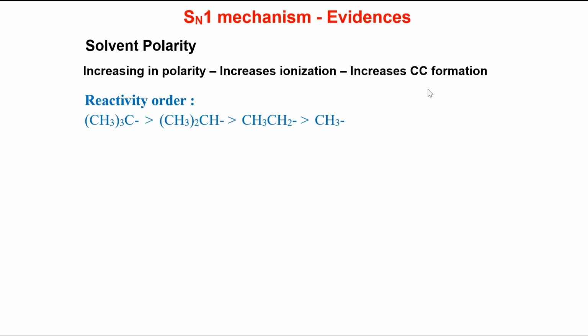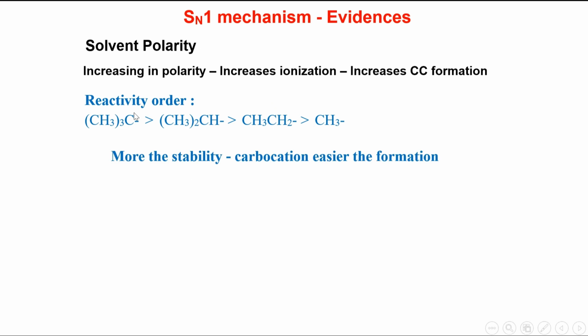Another evidence given in support of the SN1 mechanism is that tertiary alkyl halides are more reactive than secondary alkyl halides, which are more reactive than primary, or simple alkyl halides. This has been attributed to the fact that the carbocation is the intermediate formed, and tertiary carbocations are more stable than secondary carbocations, which are more stable than primary, or simple carbocations.